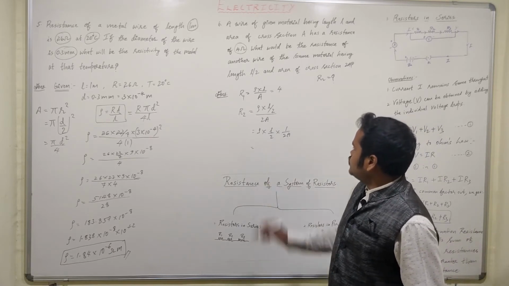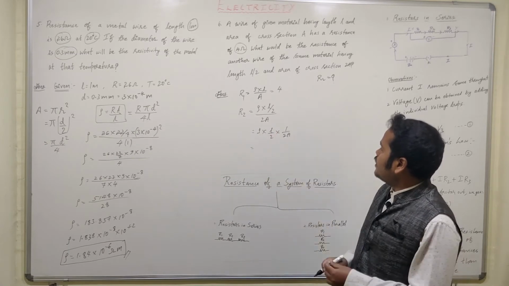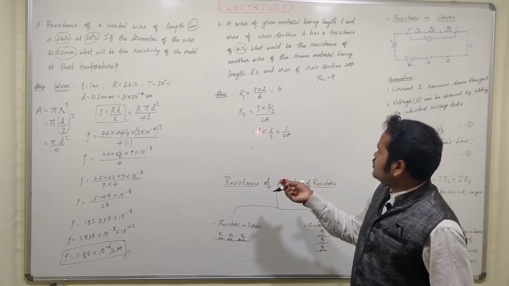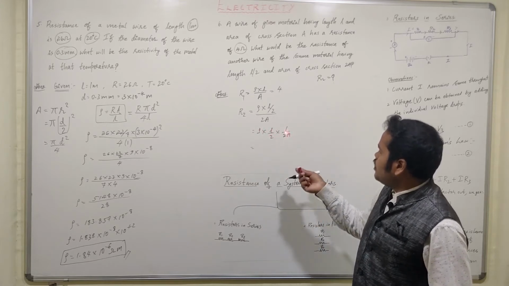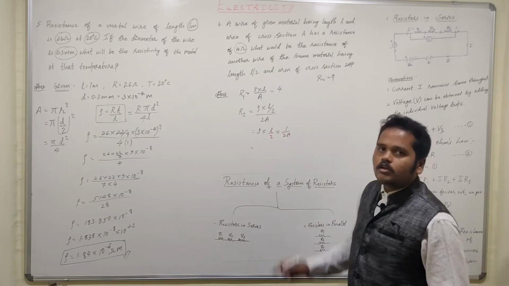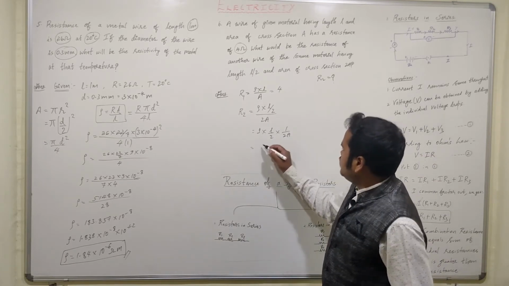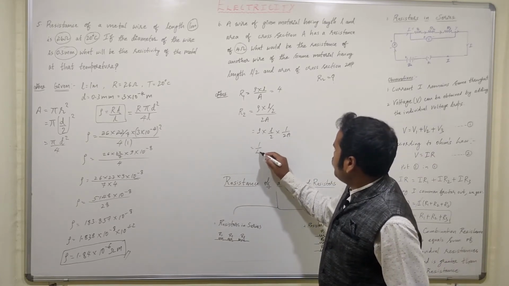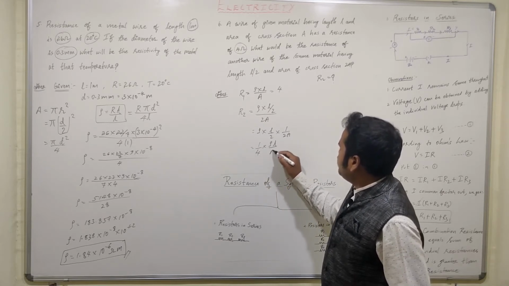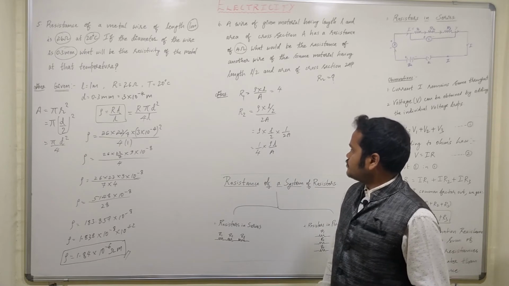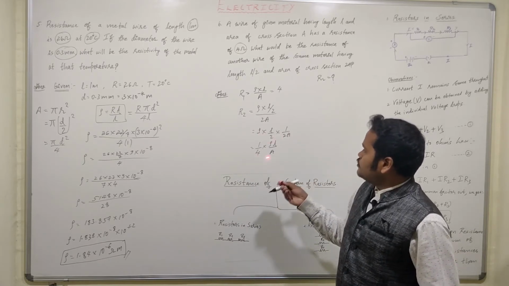Now if we rearrange, here we can see rho LA. Here we have rho LA, here you can see rho LA. We'll take this rho into L into A to one side. 2 twos become 4. So we have 1 by 4 into rho into L divided by A. Rho into L by A, 2 twos is 4.